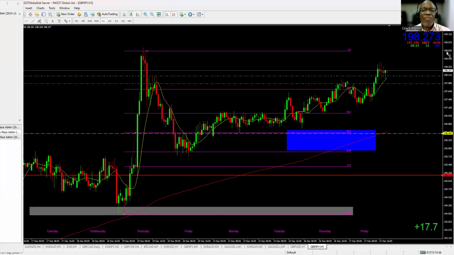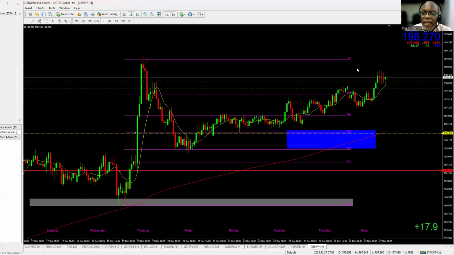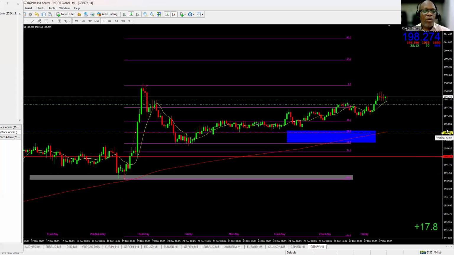Like I did say, with this Fibonacci strategy, when we enter a long position, this happens to be a buy trade, a long trade. The same thing applies to a short position if it's a sell. You'll be targeting the minus numbers. In this case, I'm going to be targeting here, and based on the overall movement of the higher time frame, I believe it's going to go even higher.